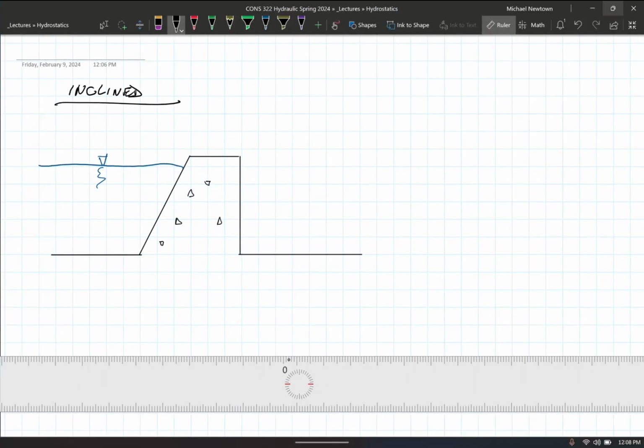Our depth is going to be 30 meters. Those little triangles inside just represent concrete. Actually, there should be some down here too.